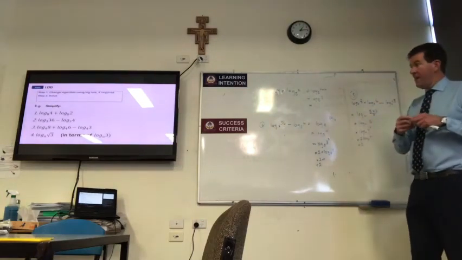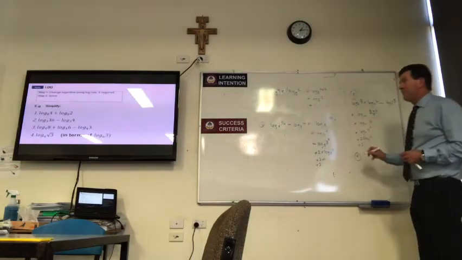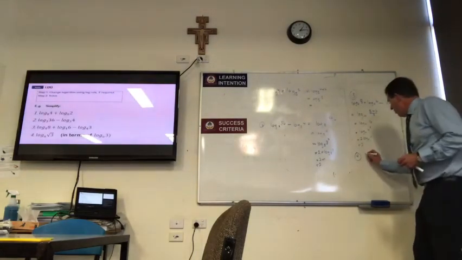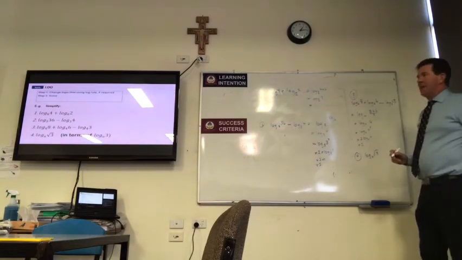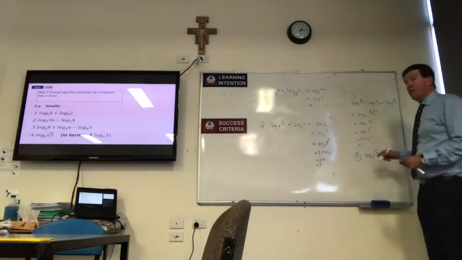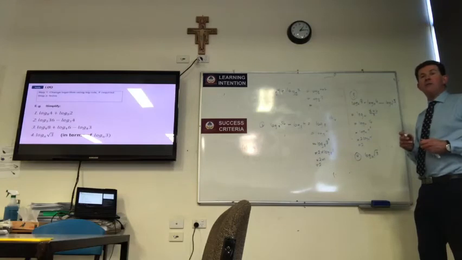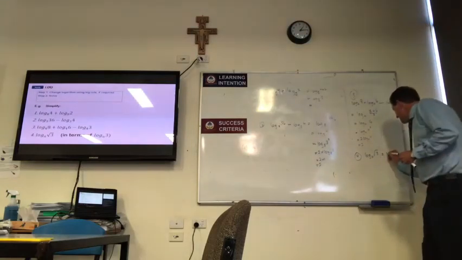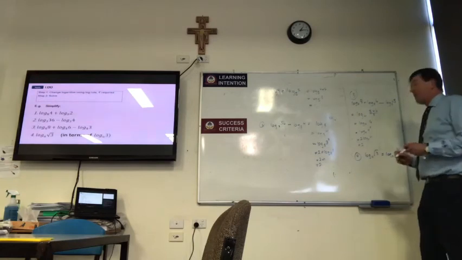All right. Final one, the fourth one. We have log base A of the square root of 3. In this case, it wants it in terms of log base A of 3. So I change the square root of 3 to a power. Square root of 3 is 3 to the power of? Half. So this becomes log base A of 3 to the power of a half.